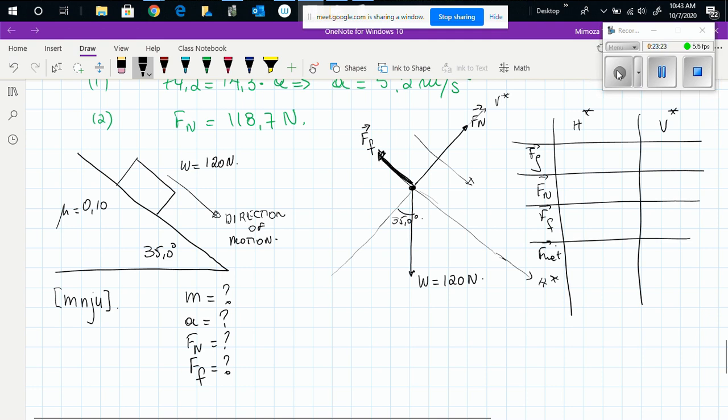Okay, so the horizontal component of force of gravity will be this vector here, which is found as a sine, so 120 times sine 35 degrees is positive because it's going in the same direction as the new horizontal. So it will be positive 68.8.